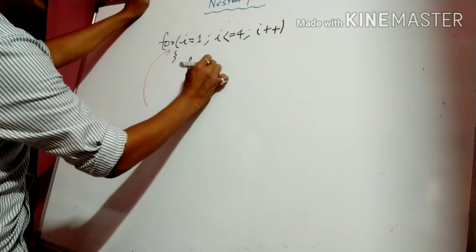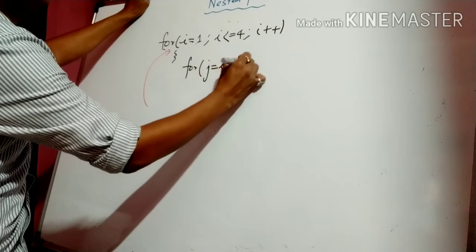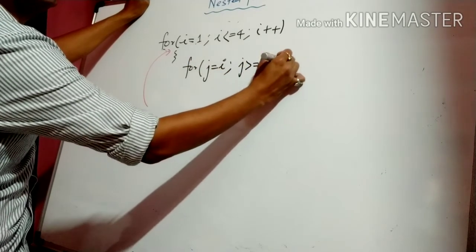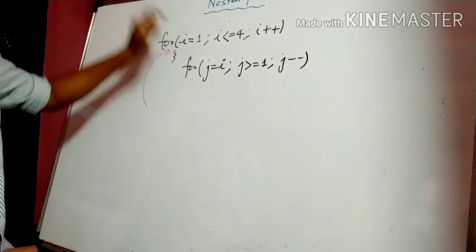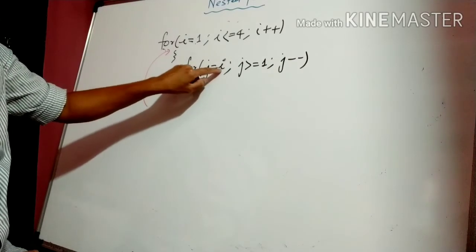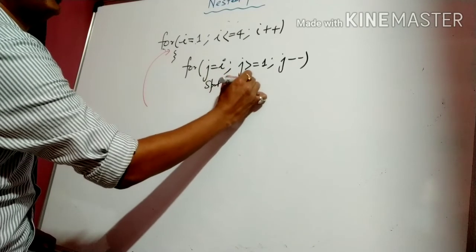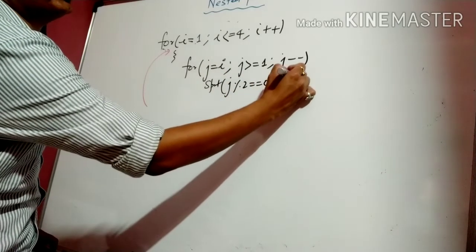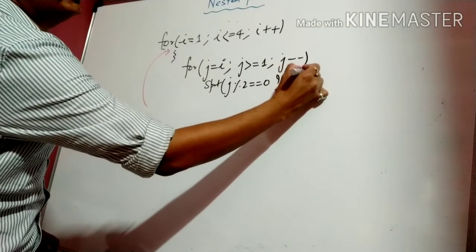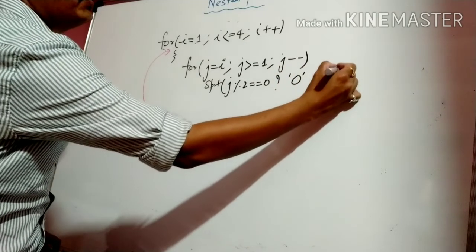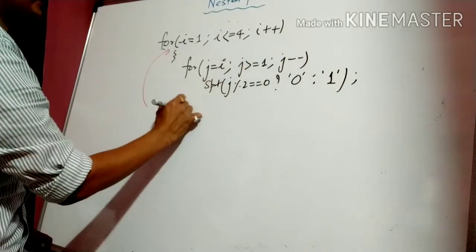Now j is equal to i, j greater than 1, j minus minus. This is print j modulus 2 is equal to 0 question mark. Here is a 0 colon, here is a 1. You can use double quote as I told you.